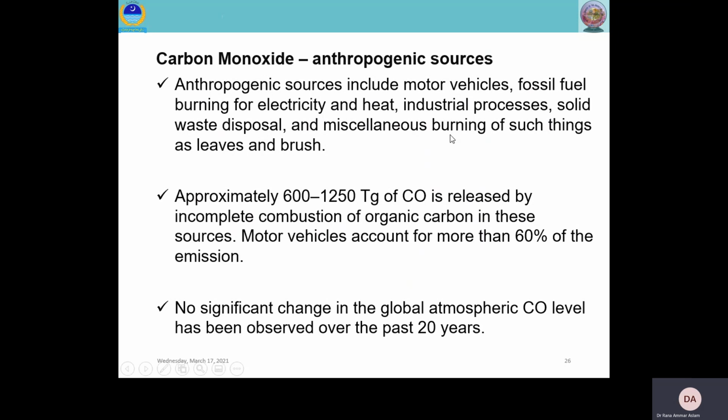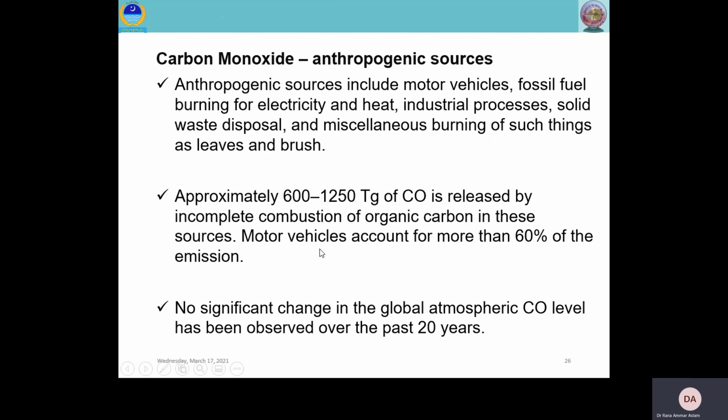I have already told you about its sources, but in terms of quantities, you can see here how much carbon monoxide is being released as a result of incomplete combustion of fossil fuels.